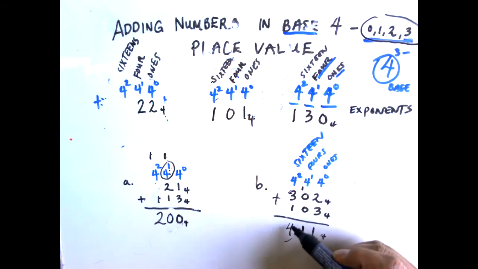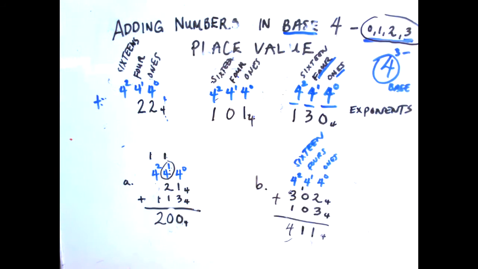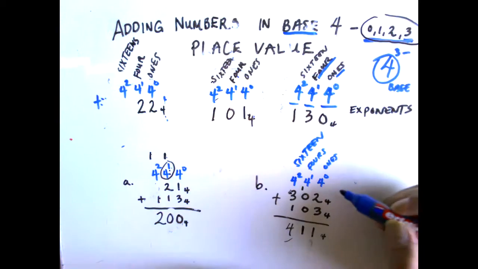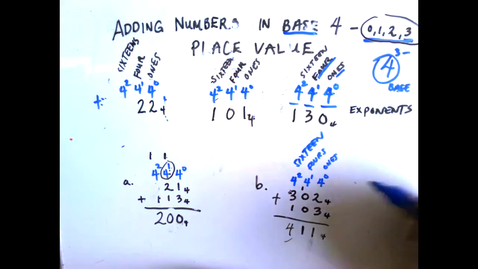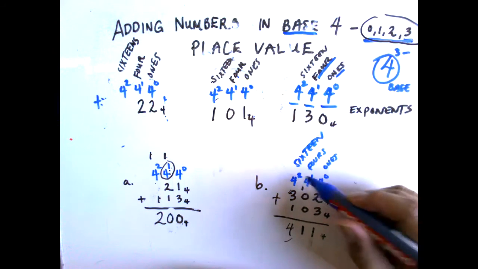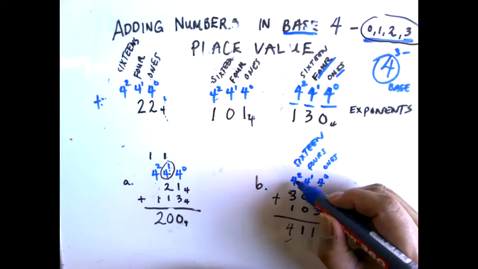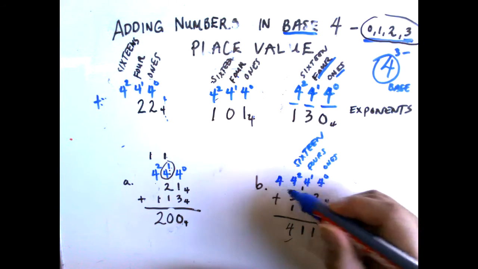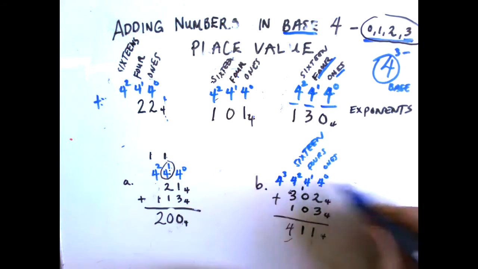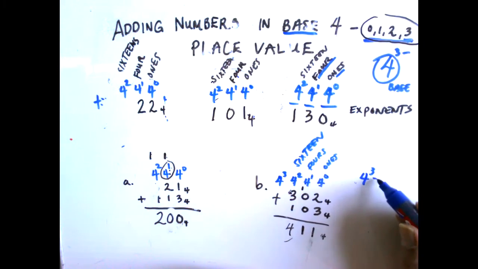So we have to ask how many is this in terms of the next place value. What's the value of that? Well, you just have to follow the base and the exponent. 4 raised to the power of 0, 4 raised to the power of 1, 4 raised to the power of 2, and that will be 4 raised to the power of 3. And 4 raised to the power of 3 means 4 times 4 times 4. 4 times 4 is 16, times 4 is 64.